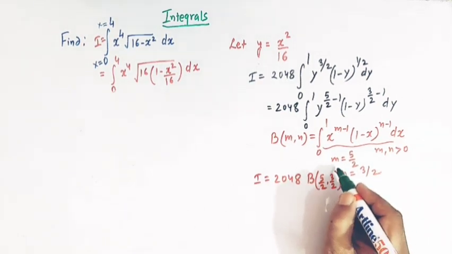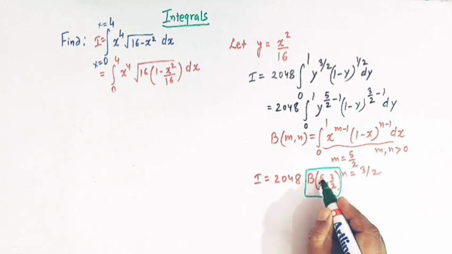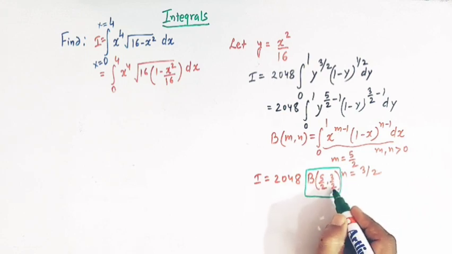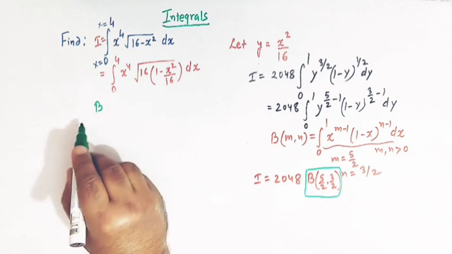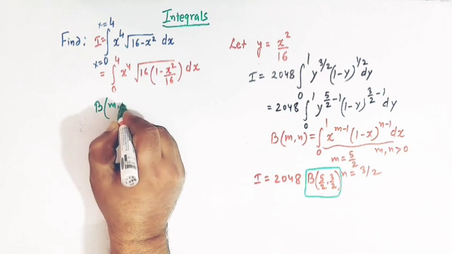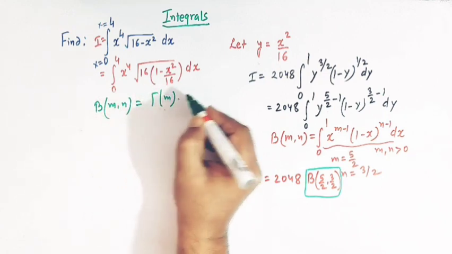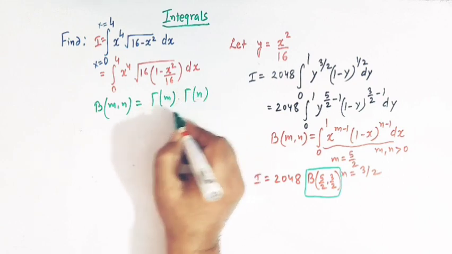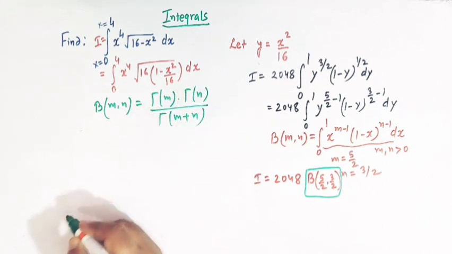So now we have to calculate the value of beta 5 by 2 comma 3 by 2, right? And we know this relation between beta function and gamma function, that is beta mn is given by gamma of m multiplied by gamma of n and divided by gamma of m plus n, right?